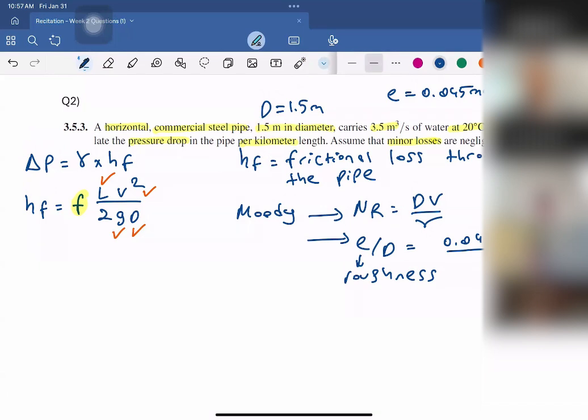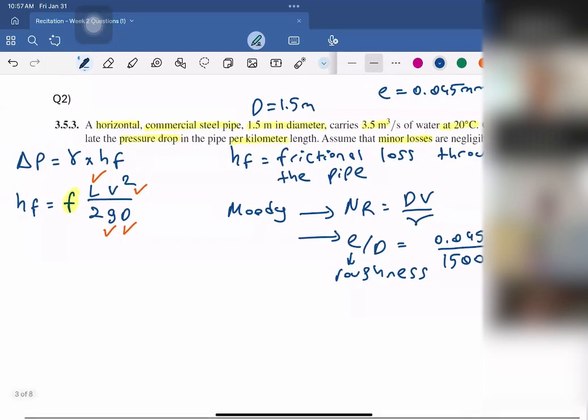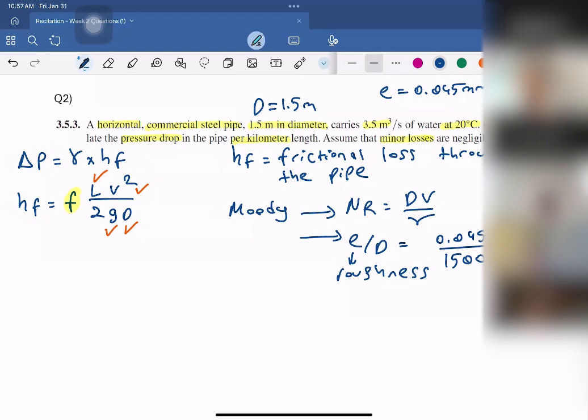So don't mix these up. They will need to be in the same unit. So we can write 1500 millimeters, which will give us 0.00003.